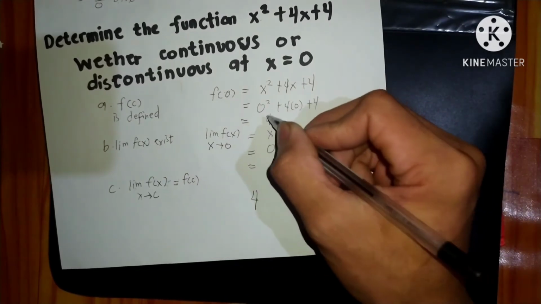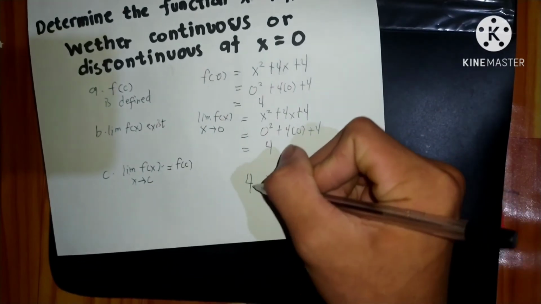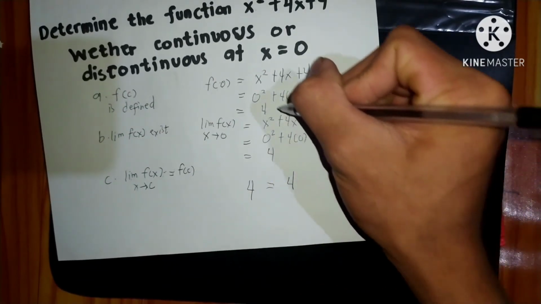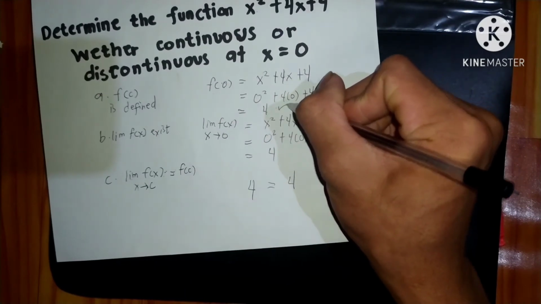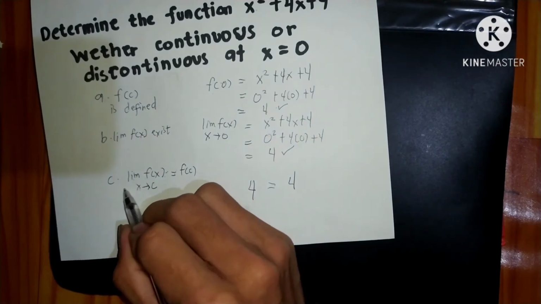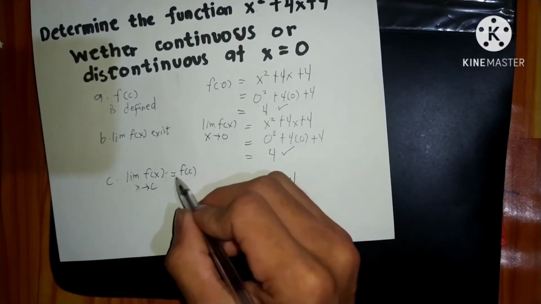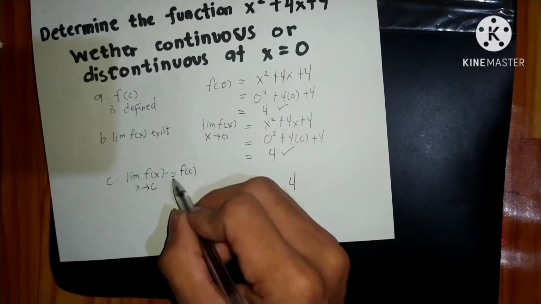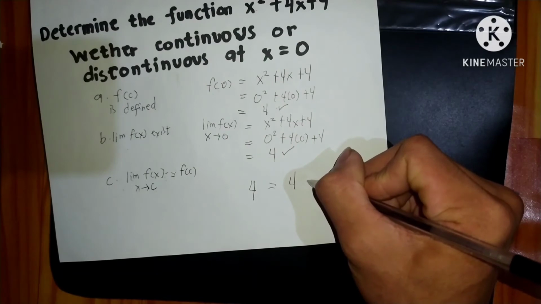So, ang f of c natin dito is 4. So, na-consider natin siya. Define siya. Dito, nag-i-exist siya. And letter C, the limit f of x as x approaches c is equals to f of c. So, considerable siya.